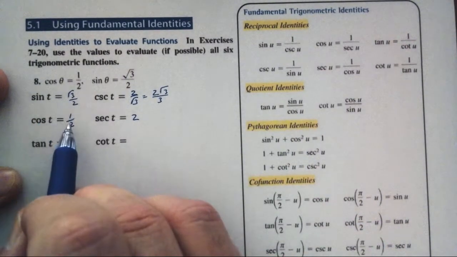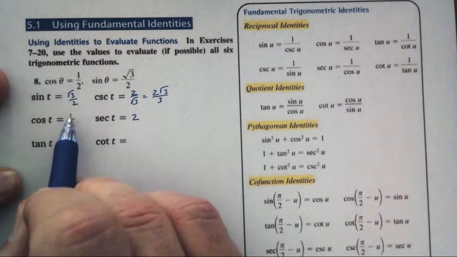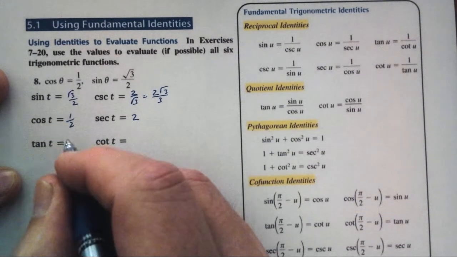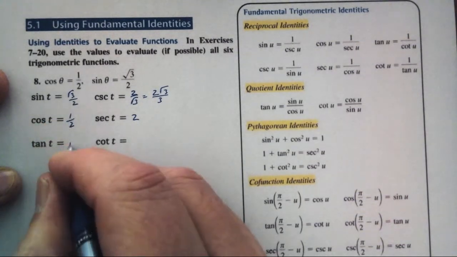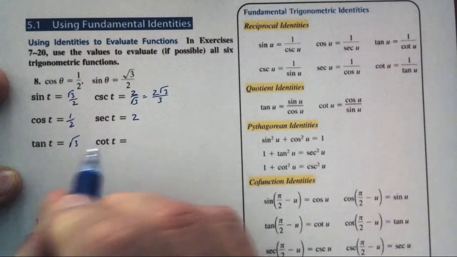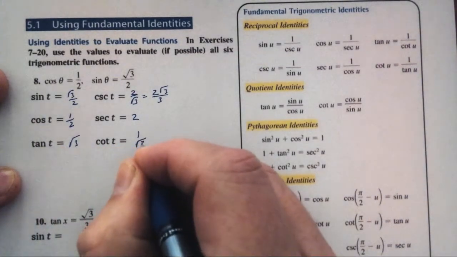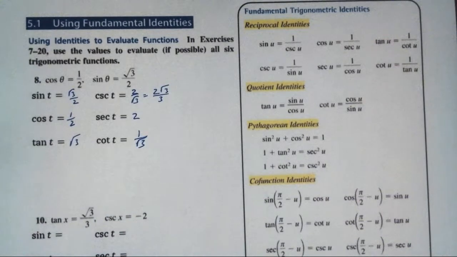So this divided by this, the on 2's cancel. I just get square root of 3 on 1. And cotangent is the reciprocal of that, 1 on square root of 3. And there's other ways to navigate around using Pythagoreans, but that's a pretty convenient way for us.